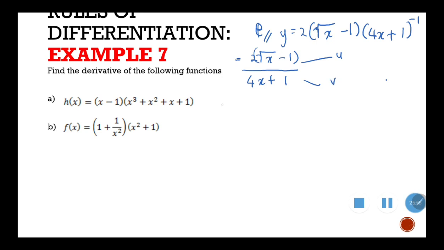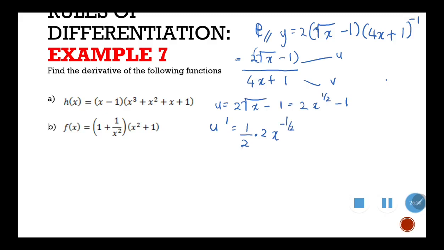So u is this, and u prime can also be rewritten like this, times 2x minus 1, we can do nothing about that.